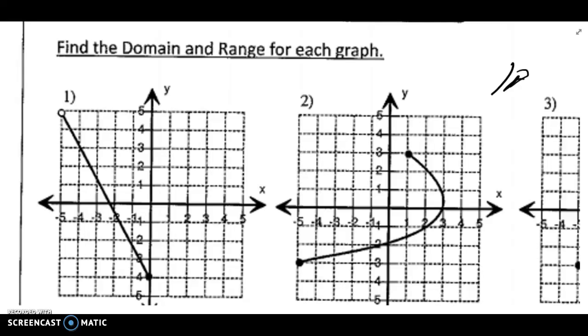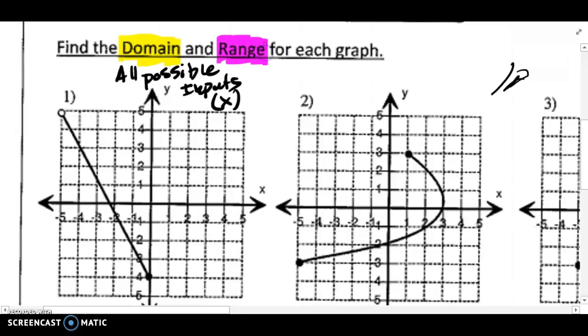Today we're going to talk about domain and range, and what we need to understand is that domain and range is something that we all do all the time. So domain refers to all possible inputs, which is typically the x values.